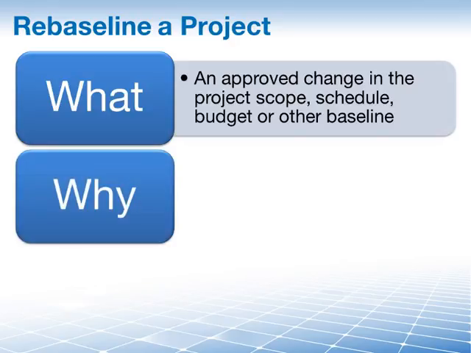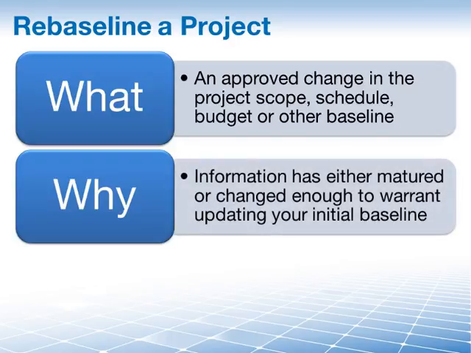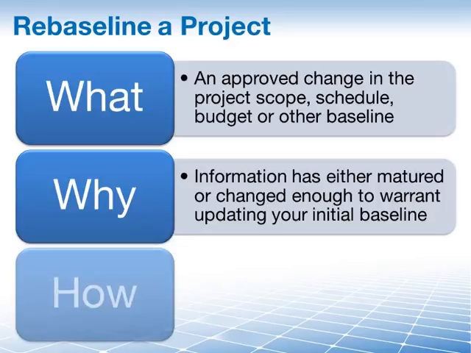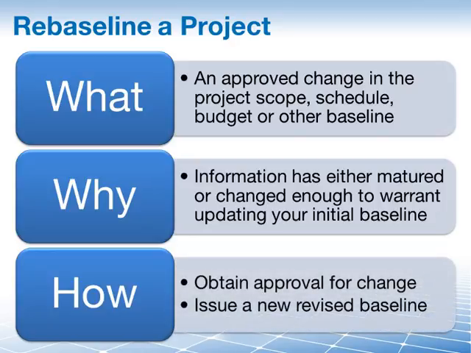Rebaselining is done when the information that you currently have on your project has matured or changed enough from the prior baseline to warrant an update. Rebaselining is accomplished by obtaining approval, changing the prior baseline, and issuing the new baseline, which is then used for future comparisons. Important to note is that at the very beginning of a project, there is a lot of uncertainty, so the baseline is really only a ballpark estimate at that point.